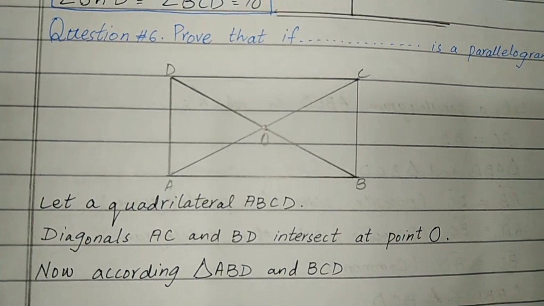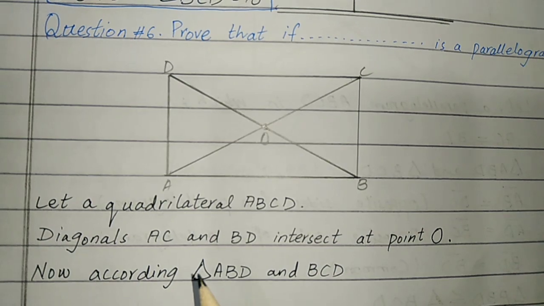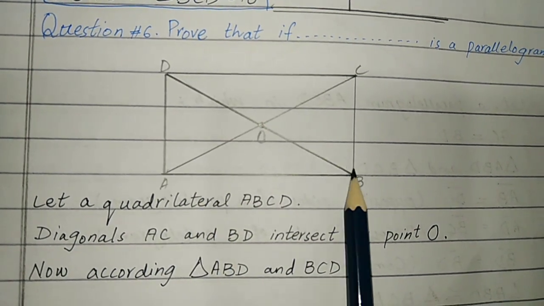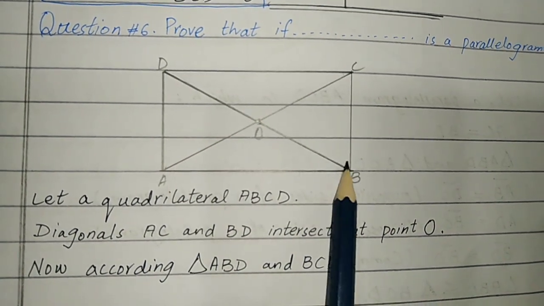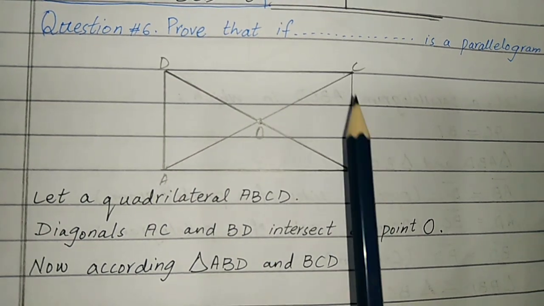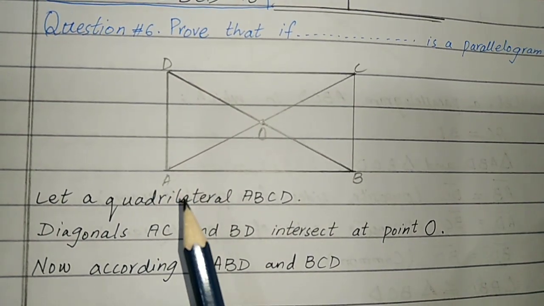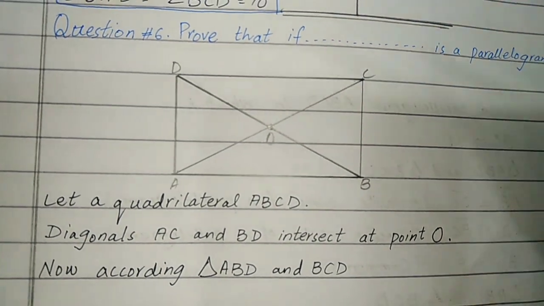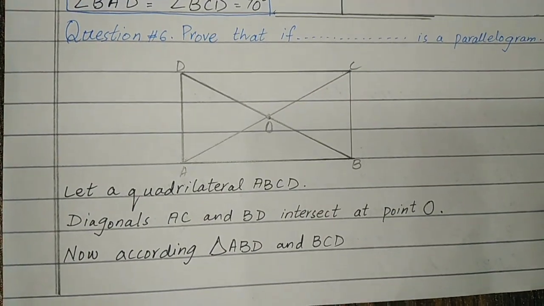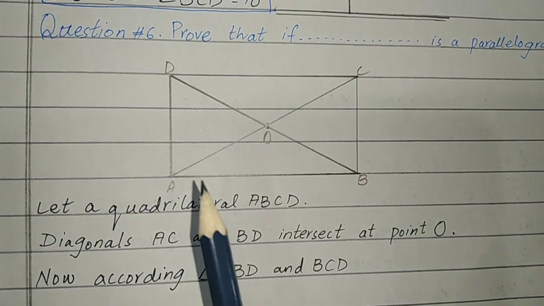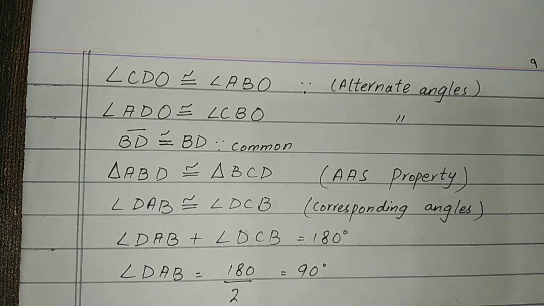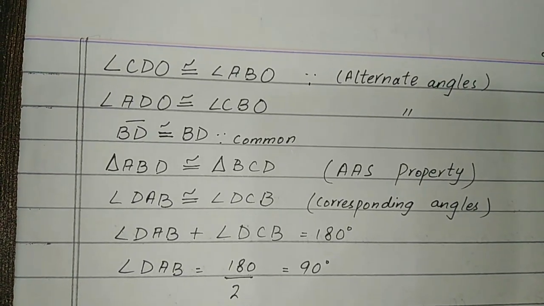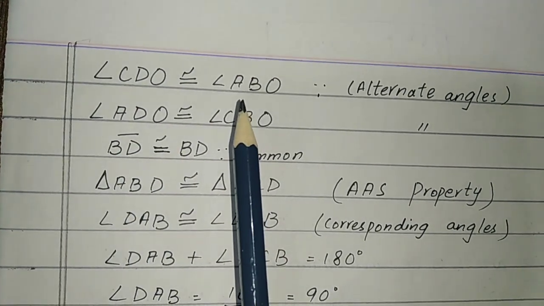Now you can see there are triangles. The first triangle is A, B and D, and the second one is B, C and D. Now we are going to talk about these triangles. In these two triangles, angle CDO is congruent to angle ABO.